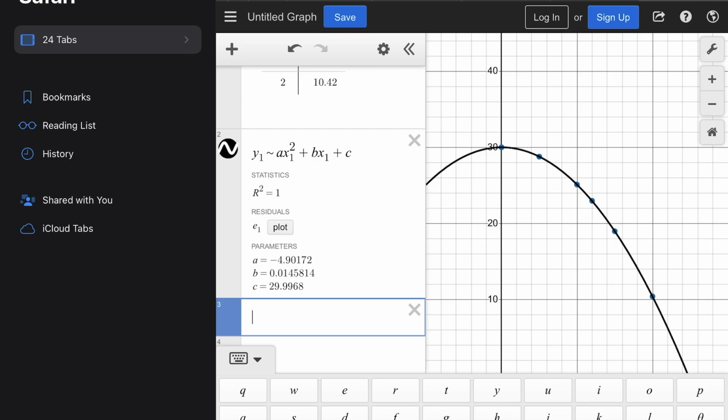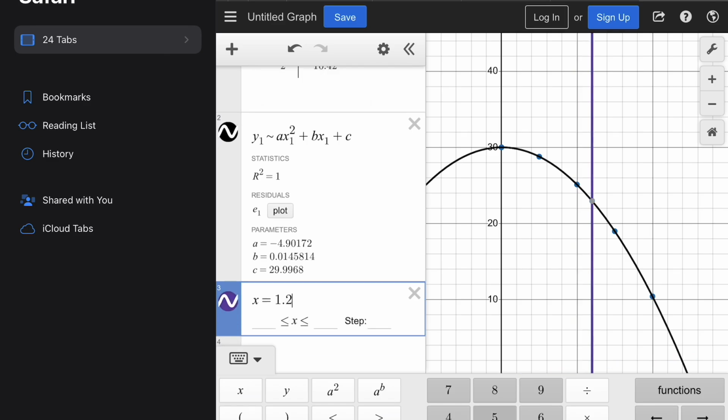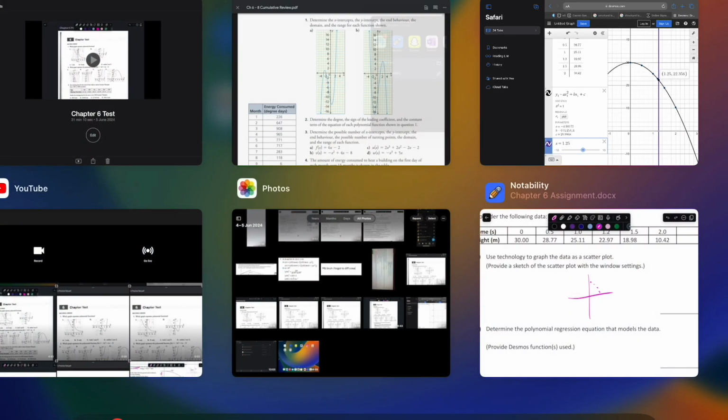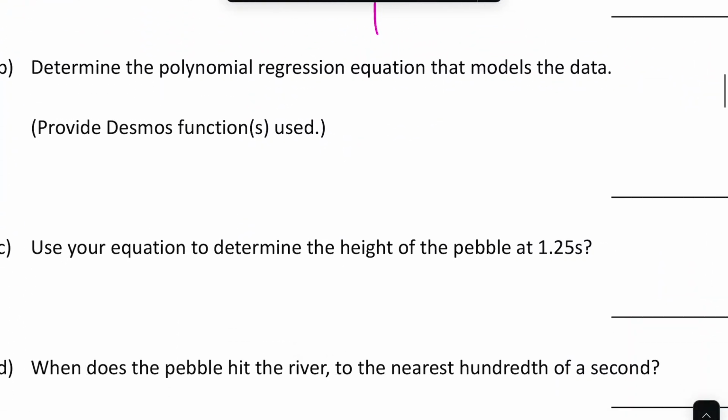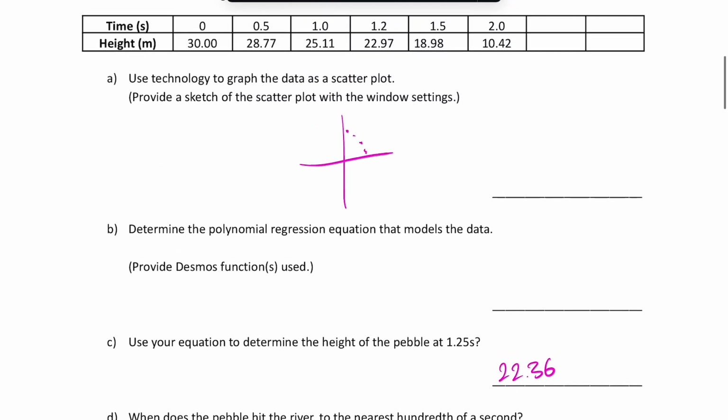So we'll put y equals, x equals 1.25. And that's 22.356. We'll just round that up, 22.36. I know I skipped a couple questions there, don't worry, I'll come back. 22.36.